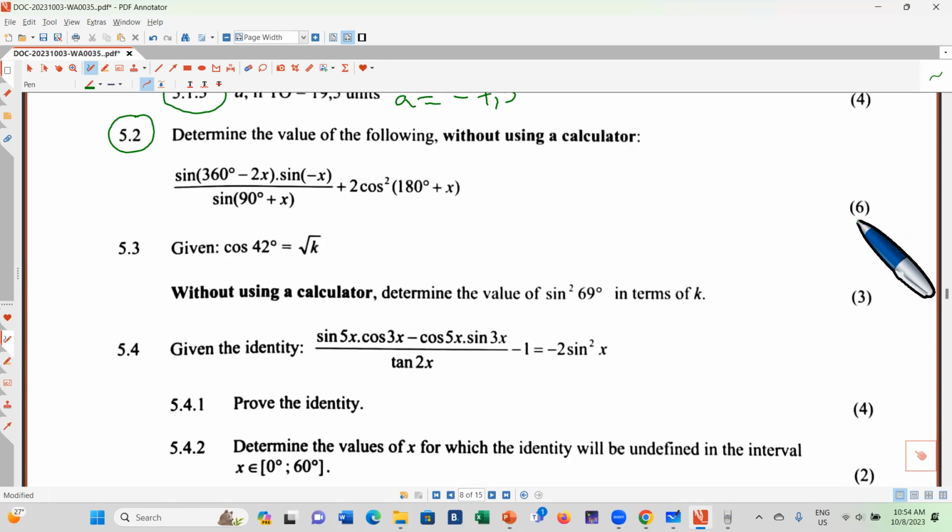5.2. Okay. Please try it. Can you see it on the screen? Yes, sir. Okay, thank you. Please try it.